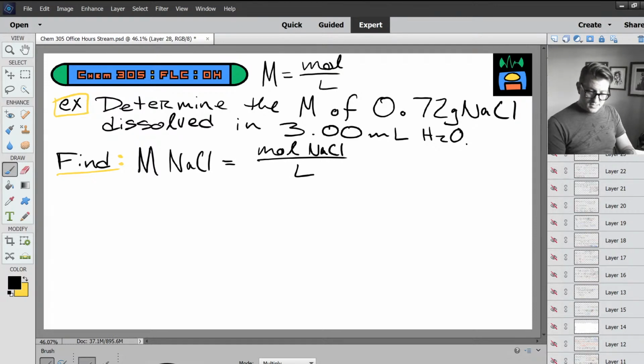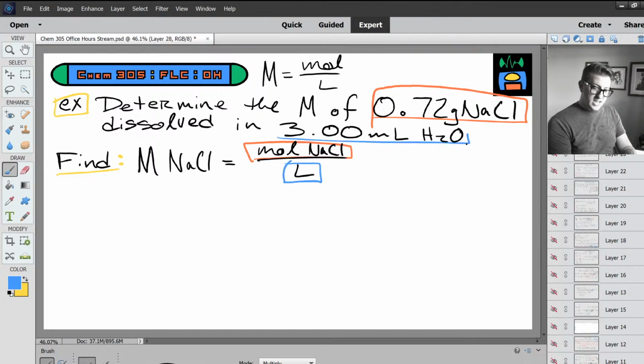You'll notice that we want moles in our numerator, and we're given grams, so we're going to have to do a unit conversion there. The second thing you'll notice is that we want liters in our denominator, and we're given milliliters, so we've got to do a unit conversion there. We've got two unit conversions on our plate.